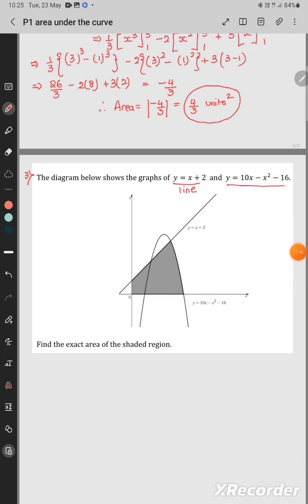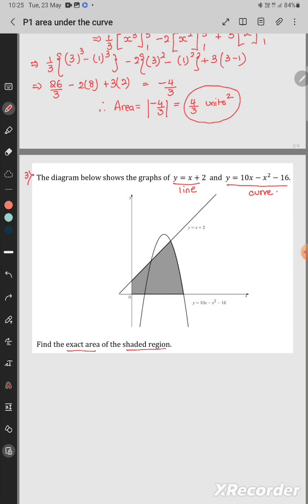And this one, which is y equals 10x minus x squared minus 16, is the equation of the curve. So we have to find the exact area of the shaded region. That means we have to give our answer as a fraction. Please don't give your answer in decimal if they mention this term, exact.